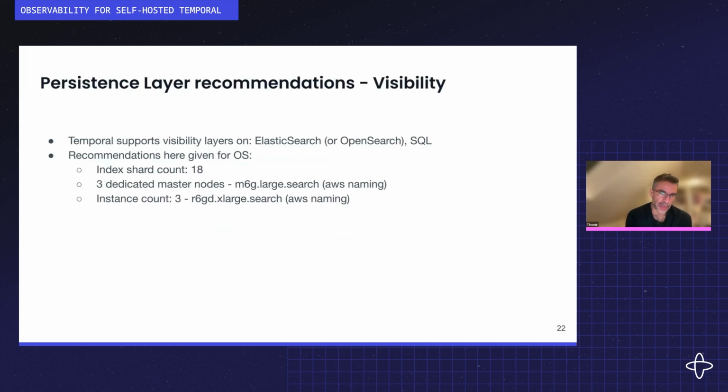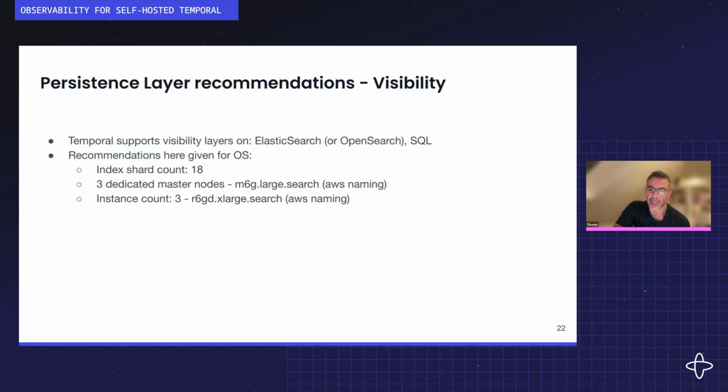These recommendations are just for OpenSearch as far as index shard counts, master nodes, and instance counts, and you can translate that. As far as Postgres goes, just make sure that you have enough capacity on your database as your use case grows, depending on things like namespace retention.